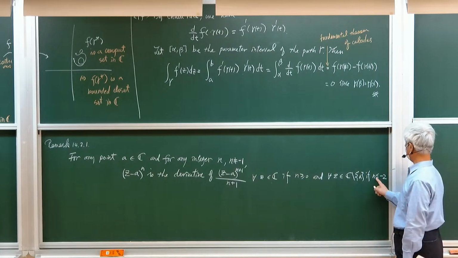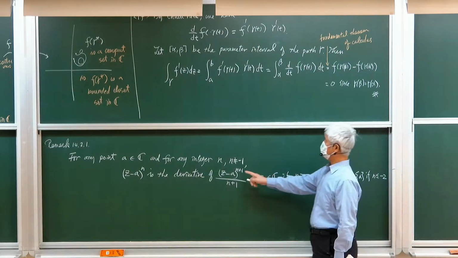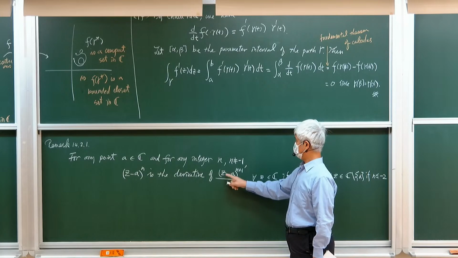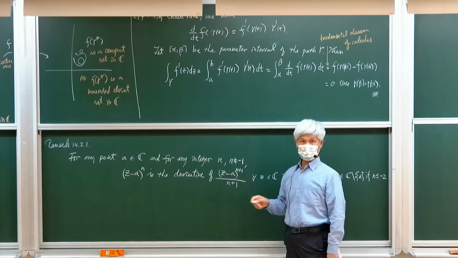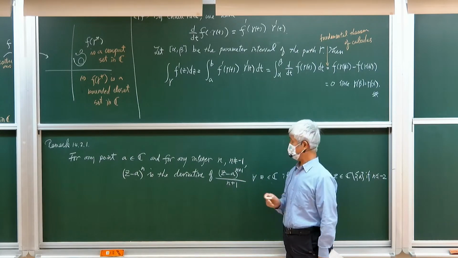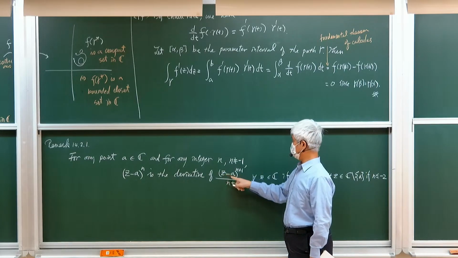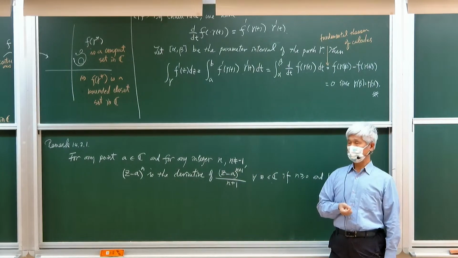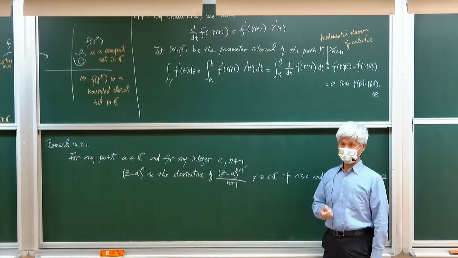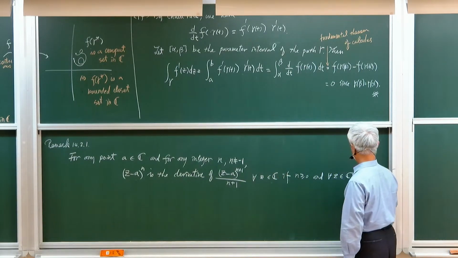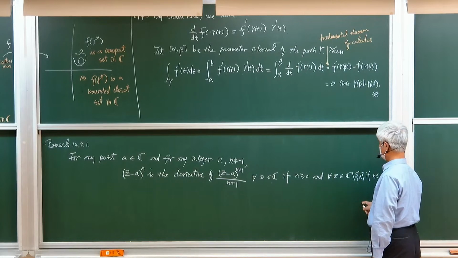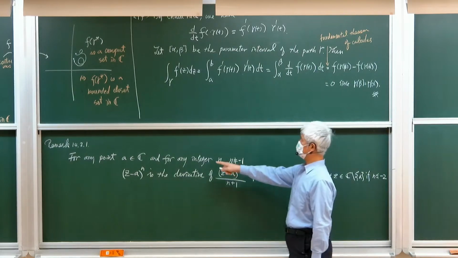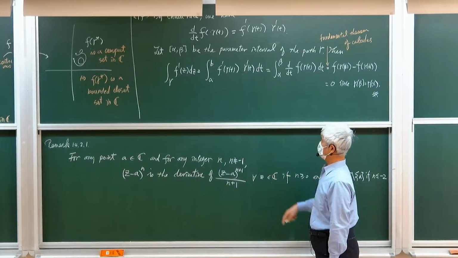Because if n is less than or equal to -2, the exponent is negative, and if z equals a, you have 0 with a negative power, which is undefined.